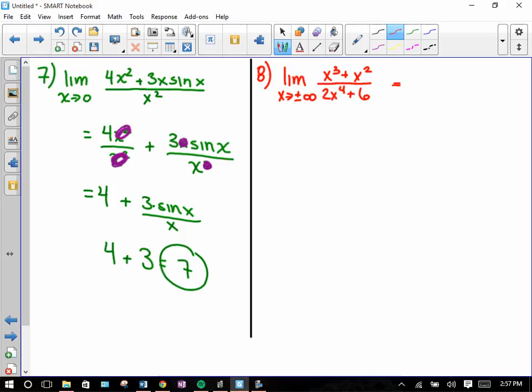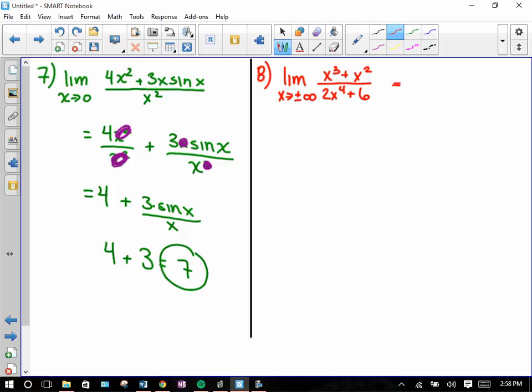It's approaching positive or negative infinity, therefore we aren't plugging anything in. So what are we looking at? Horizontal asymptotes, which we find by comparing the degrees of the numerator and denominator.